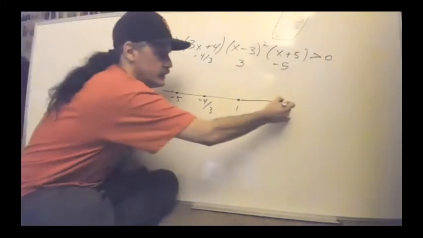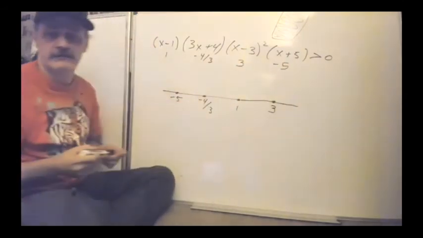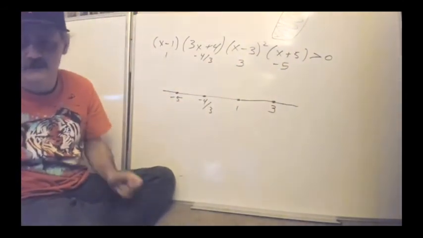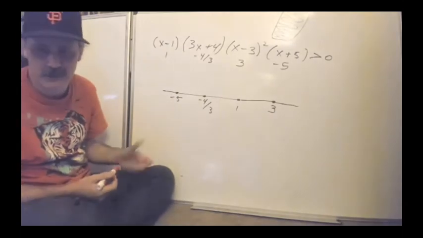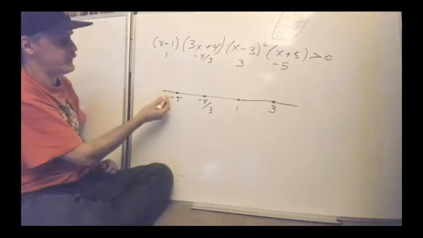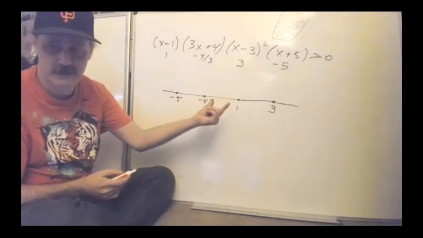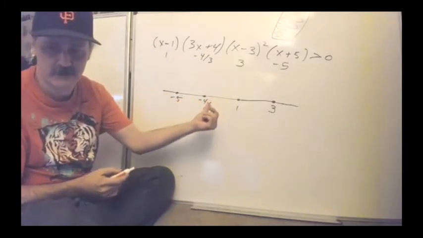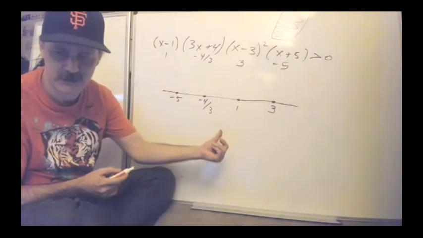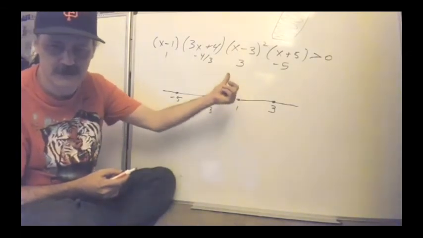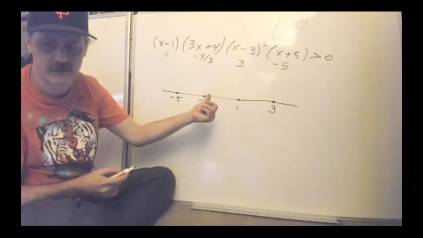Now again, if you're more comfortable making the graph, you can do that. Nothing wrong with that method. The graph above the x-axis is essentially the solution. But I'm just going to use test points. Tends to be quicker. All right, so there are regions of the interval. And any number in this interval is either going to cause the y's to be negative, which means the graph is down here, or the y's to be positive, which means the graph is up here.